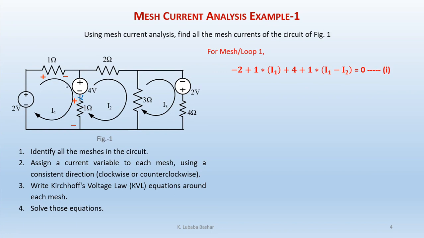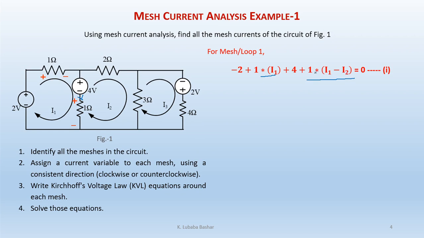The KVL in loop 1: we get minus 2 volt plus 1 into I1, that is I into R, the voltage drop across this 1 ohm resistor, then the voltage of the 4 volt source, plus 4 volt, and then plus the current flowing through this 1 ohm resistor, which will be simply I1 minus I2, and its resistance is 1 ohm, so I into R. Why I1 minus I2, not I2 minus I1?